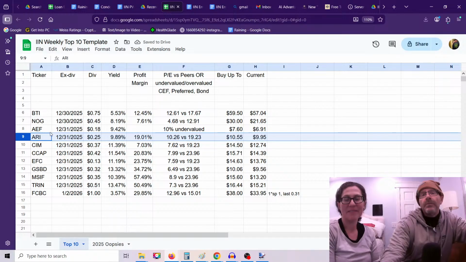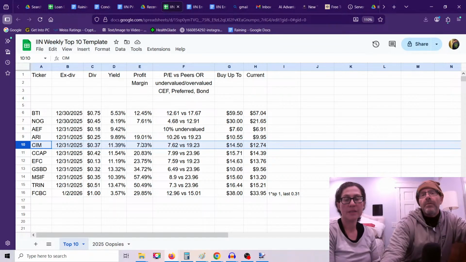Nog makes me laugh. It would probably be this one with the 7% profit margin. We got that 7.61 on Nog. That one's 7%, but it has more room to appreciate, and a more stable yield.